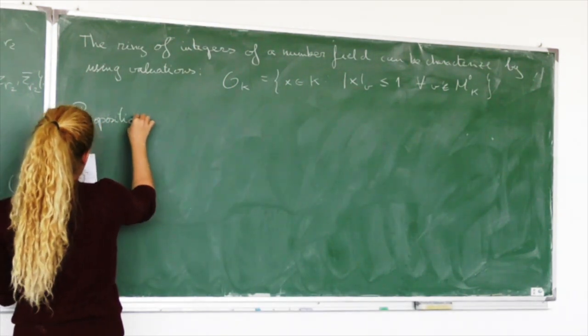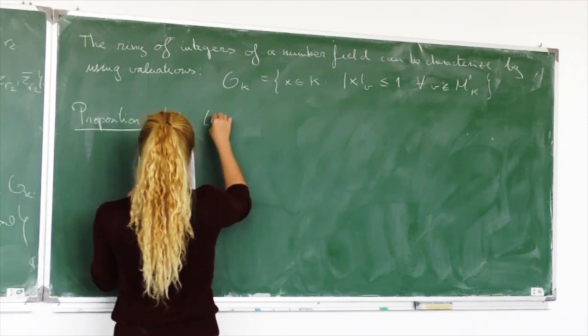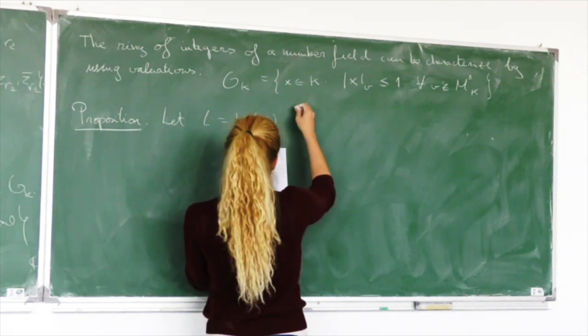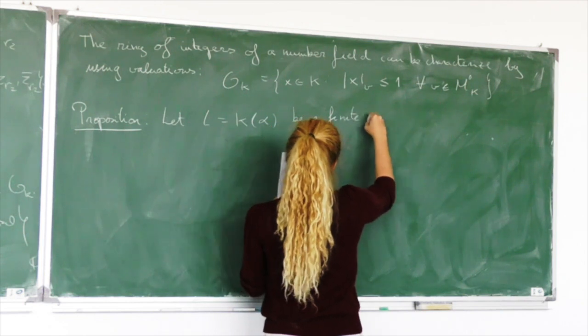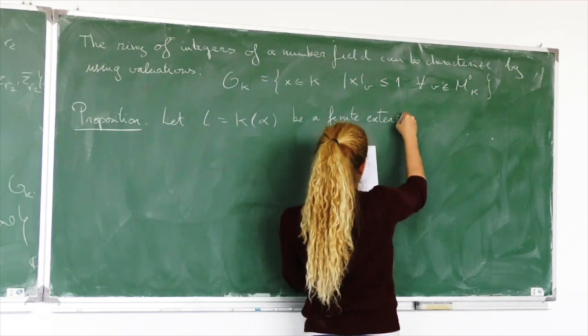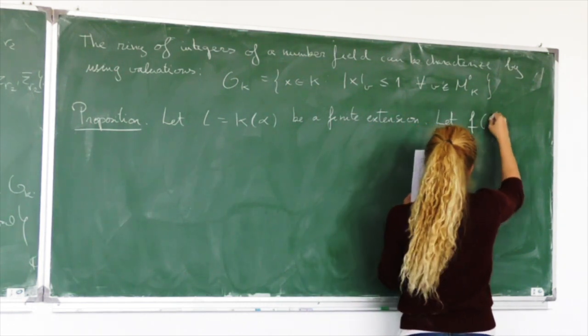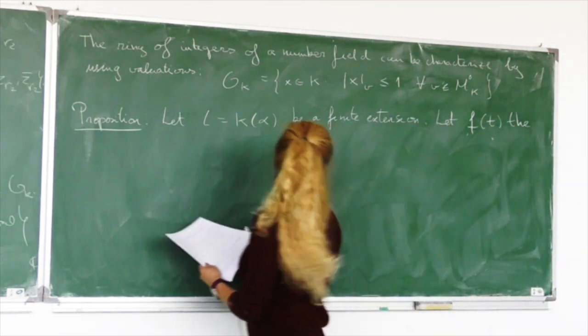Proposition. Let L equal to K of alpha be a finite extension. Let f of t be the minimal polynomial of alpha.